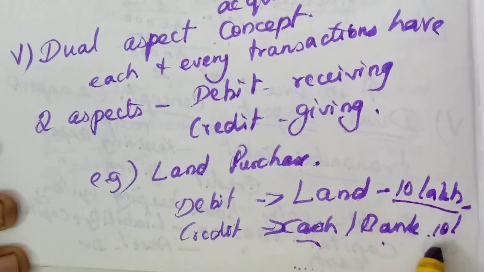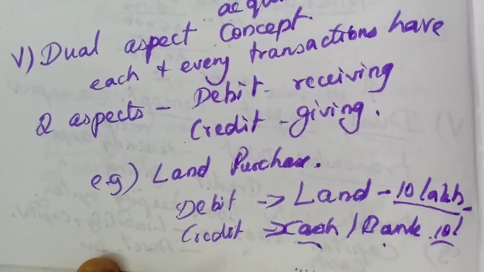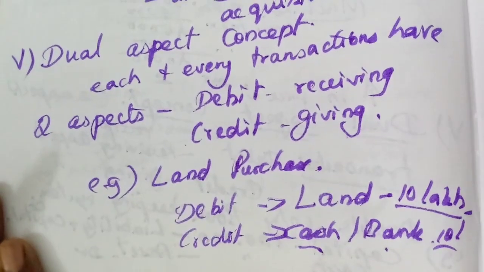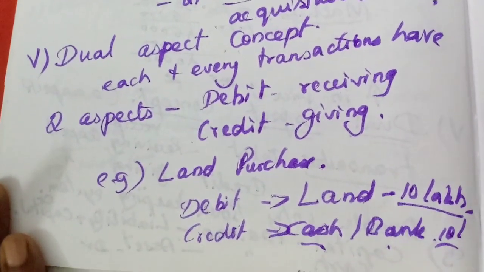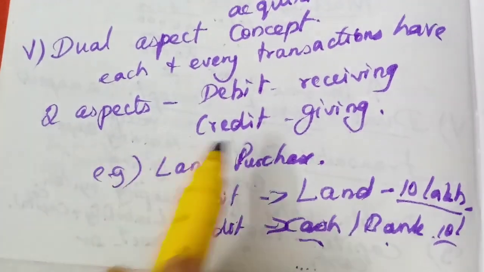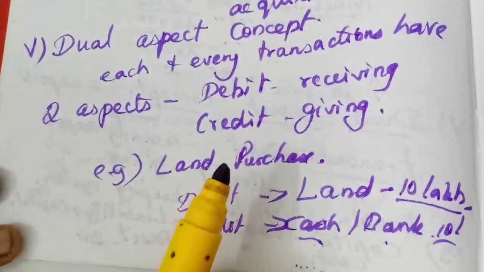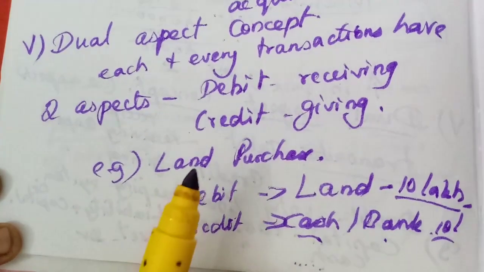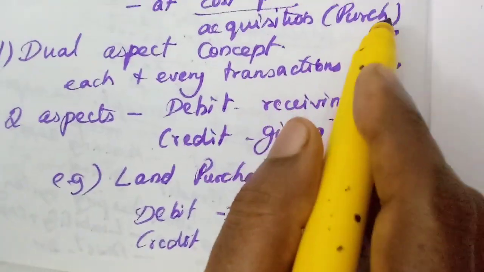So the amount will be equal. So this is the fundamental of the double entry bookkeeping system, because in double entry we are entering two aspects. One is the receiving aspect, the other is the giving aspect. Here only the basic accounting equation evolves.